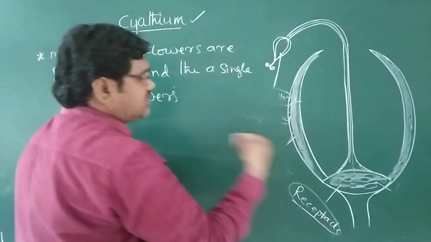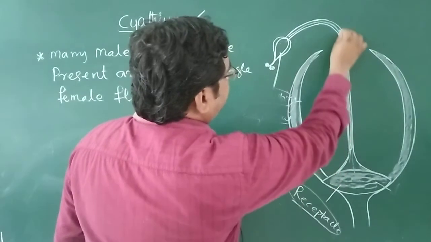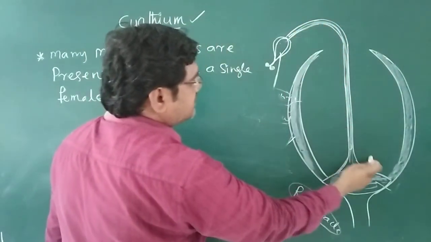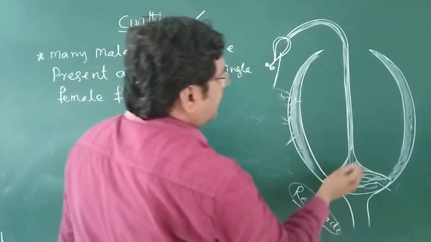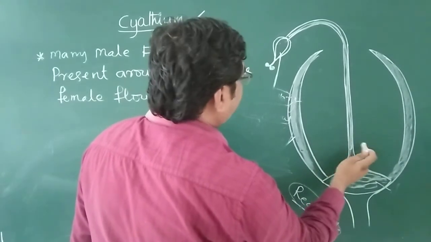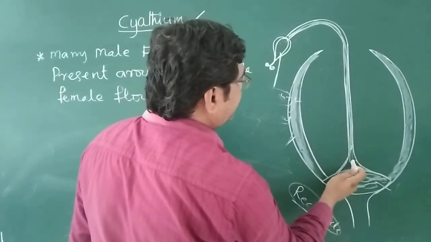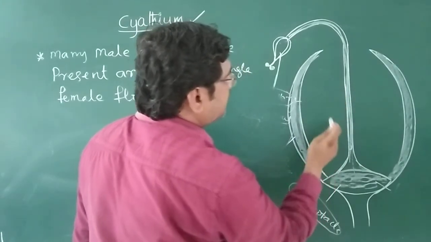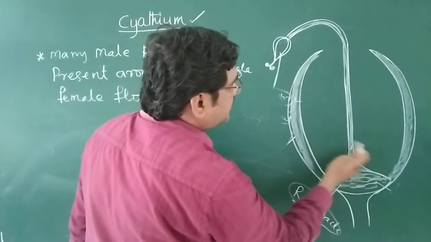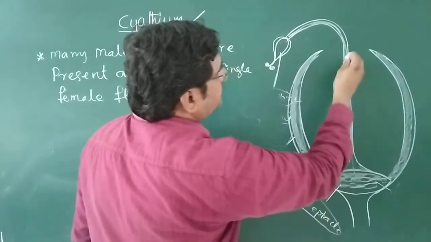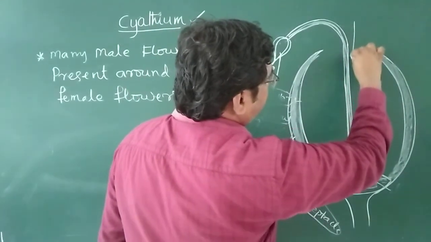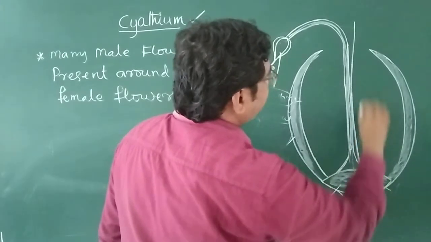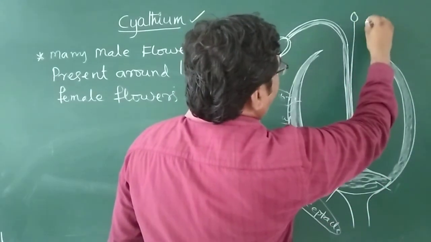See here, this is the female flower. The female flower is present in the center of the receptacle. On both sides of the single female flower, the male flowers are present around it. See, this is one male flower.